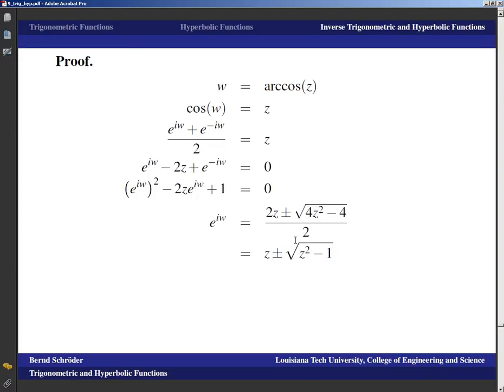That's z, because we divide by 2, plus minus square root z squared minus 1, because we took out the square root of 4. And that gives us w being 1 over i logarithm of z plus minus square root z squared minus 1. And that is negative i logarithm of z plus minus i times square root 1 minus z squared. And that is what we wanted to have.